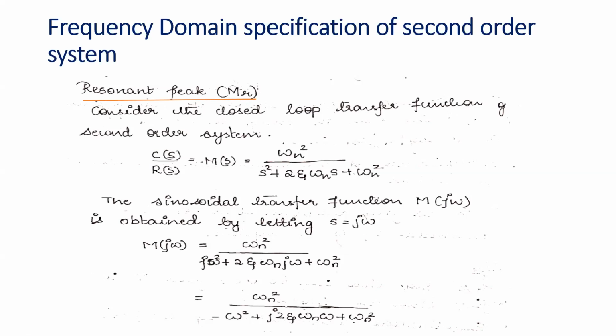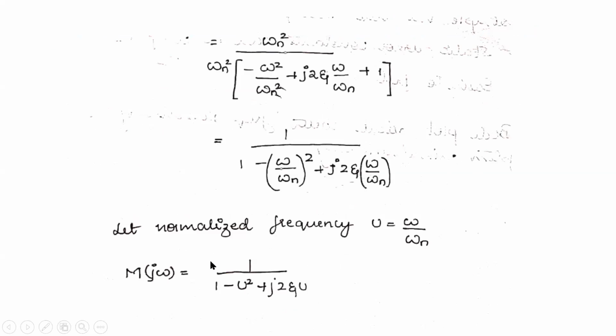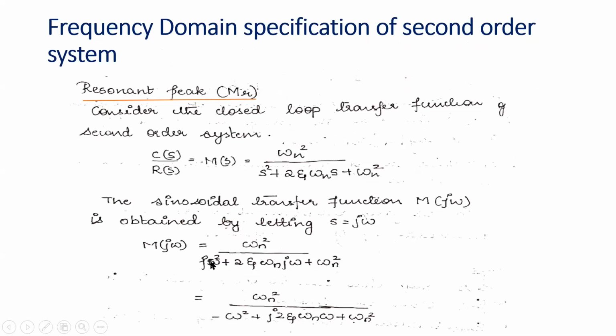Then you can replace s here, this becomes j omega whole square, then 2 zeta omega n j omega, then omega n.